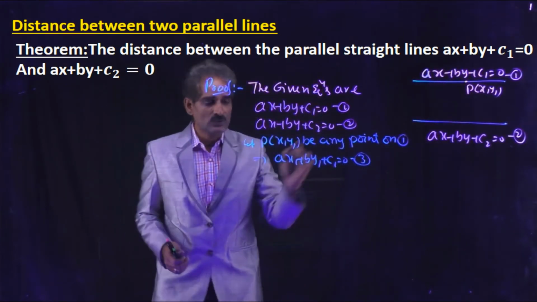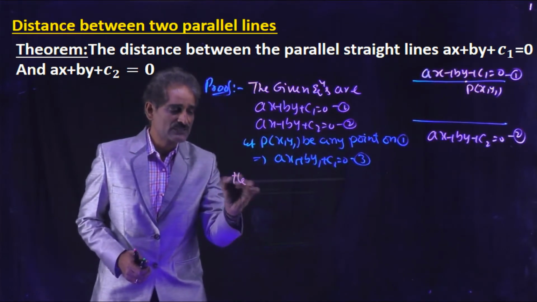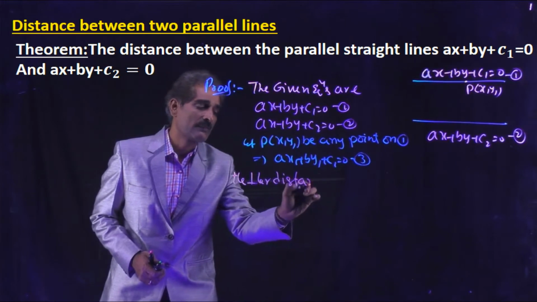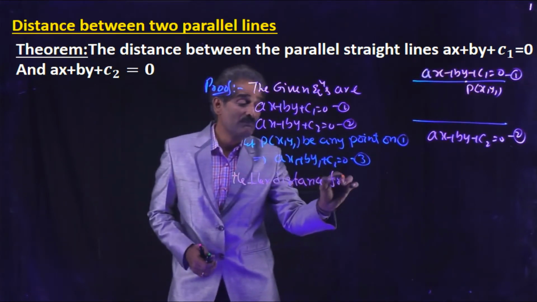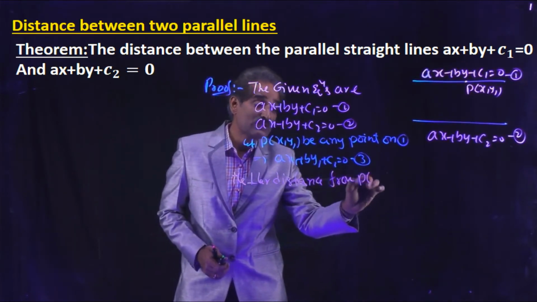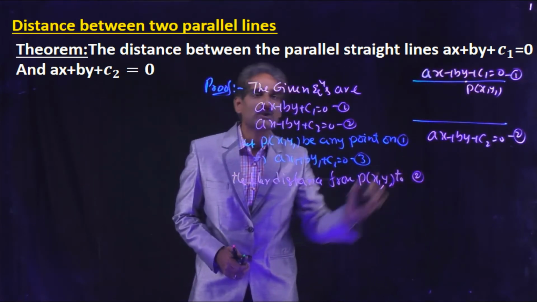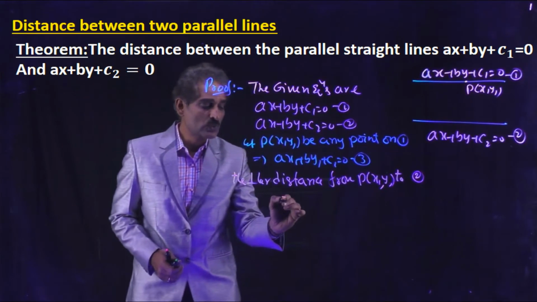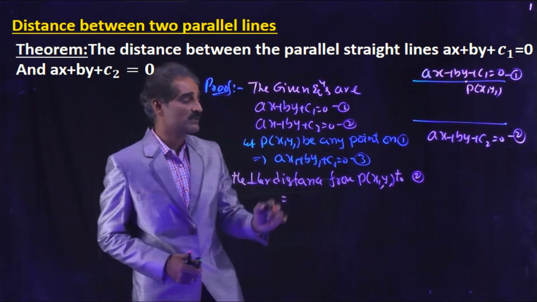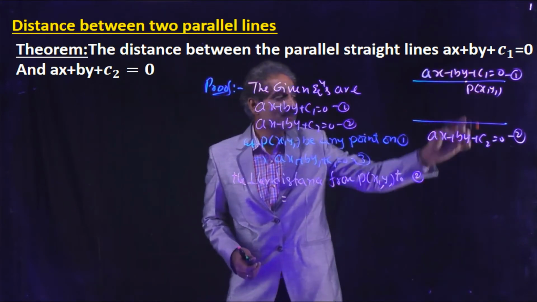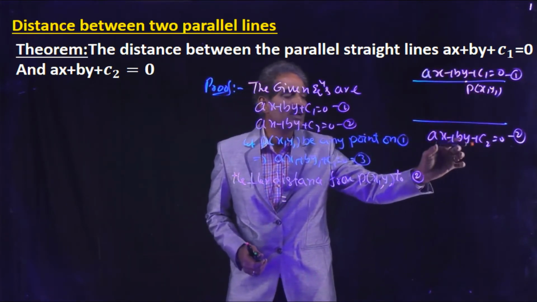Understand? Now the perpendicular distance from P (x1, y1) to equation 2 is equal to mod of (ax1 plus by1 plus c2) by root of a square plus b square.